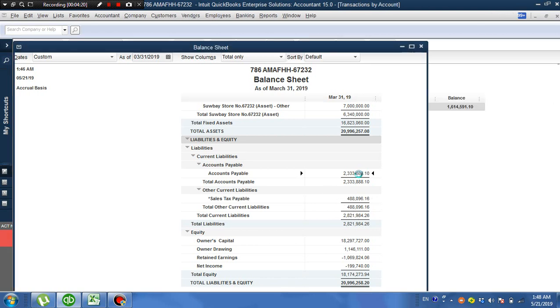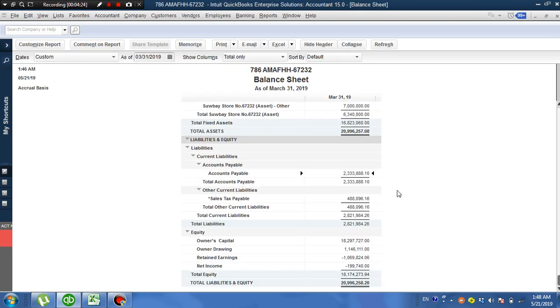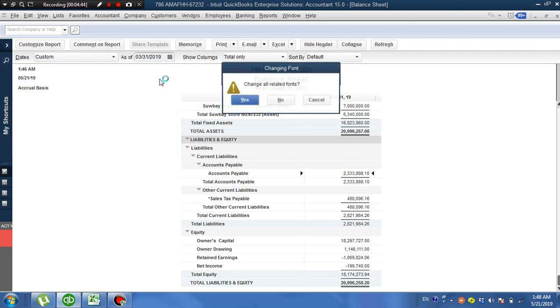The account payable is in fact the total of all the vendors to whom we owe money, which gets totaled and comes to the balance sheet. The total is here 233,888. Let me make it a little bit bigger, like this.